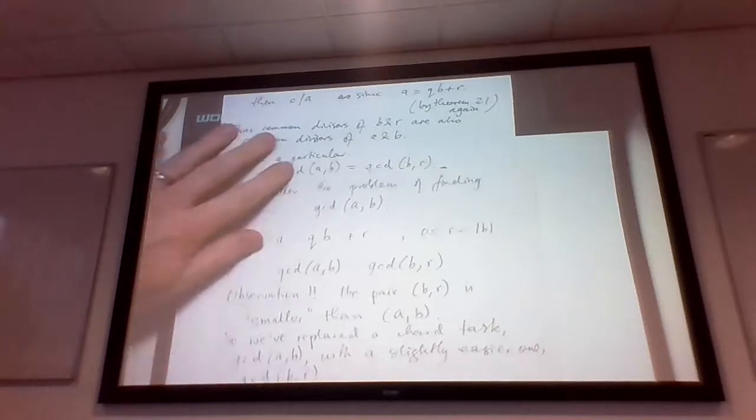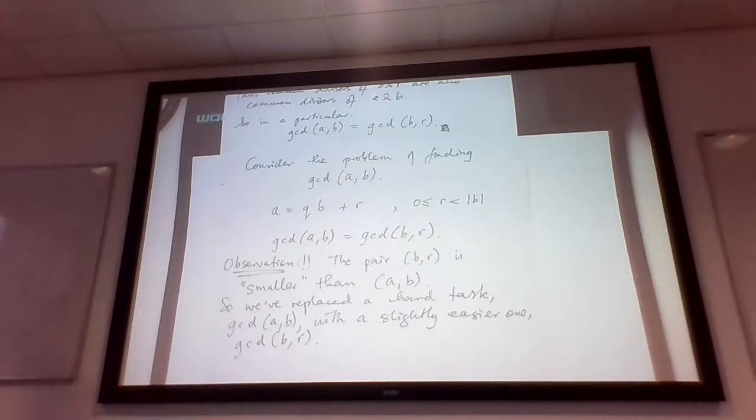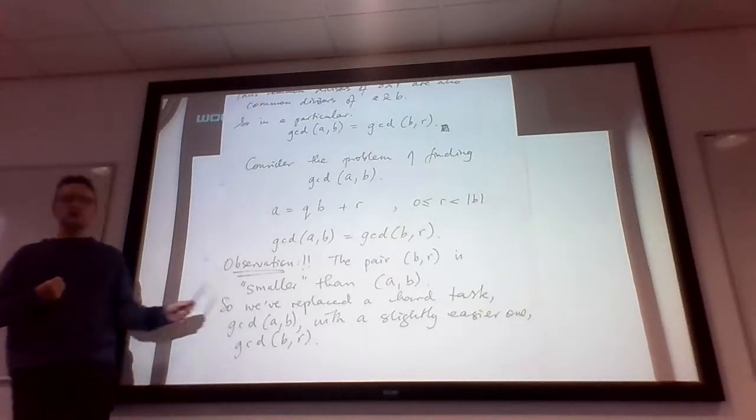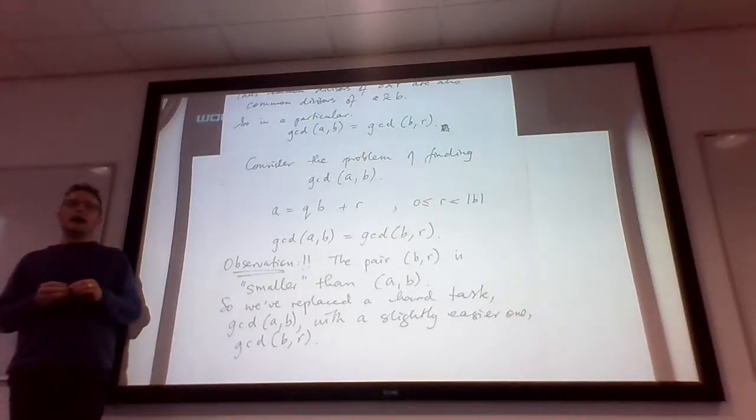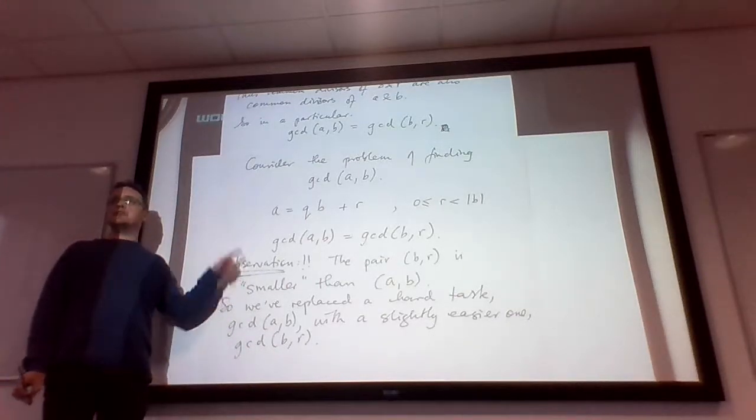Now that's great. If you come across a simplifying move in any problem, if you can replace some problem with a slightly easier version, well, that's good. You've made your task easier. And the Euclidean algorithm turns on this idea, and it involves us repeatedly applying this idea.